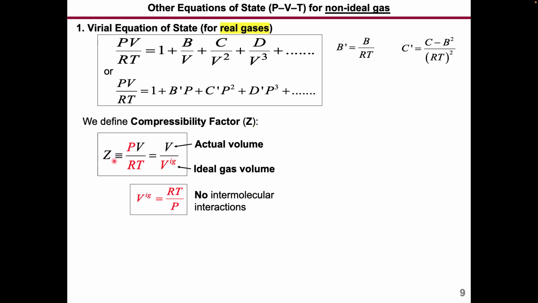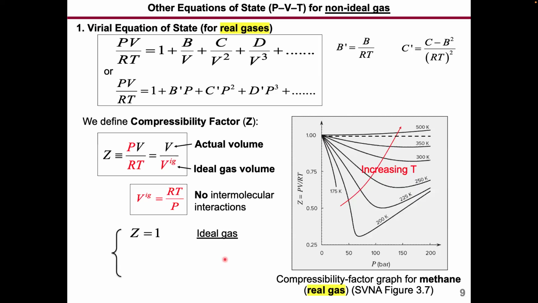Z is basically the ratio between your actual volume and the ideal volume at the same pressure and temperature for this particular gas system. Like I mentioned, if Z is equal to 1, we are talking about ideal gas behavior, so your real gas behaves like an ideal gas, okay?